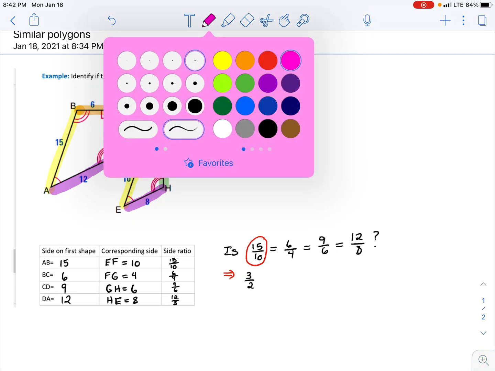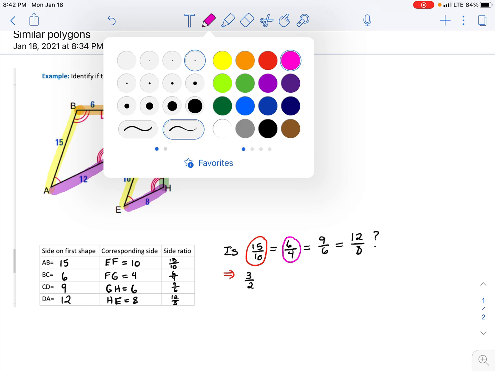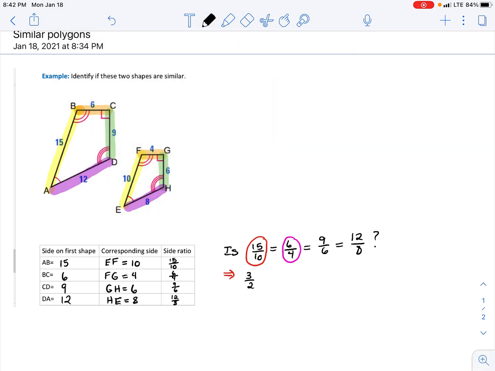And then now looking at 6 over 4, we see that their greatest common factor is 2. And so dividing both 6 by 2 and 4 by 2, you get that this is 3 over 2.